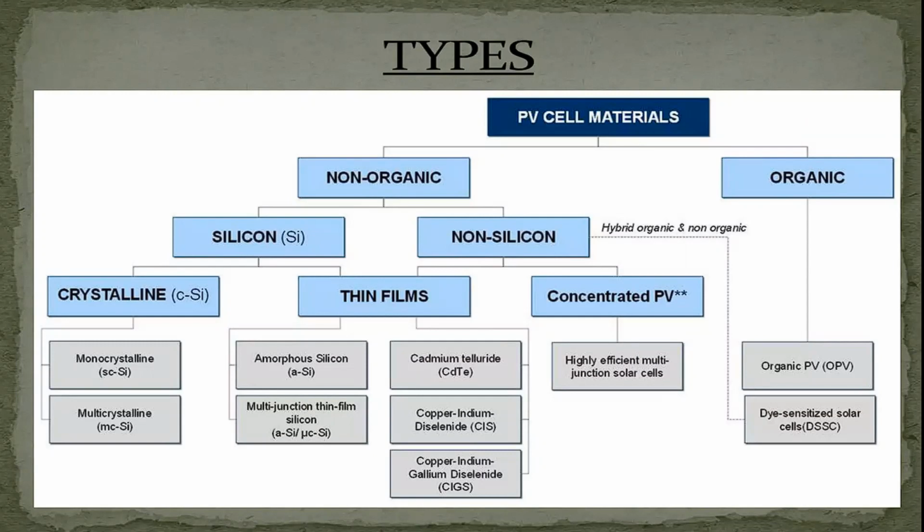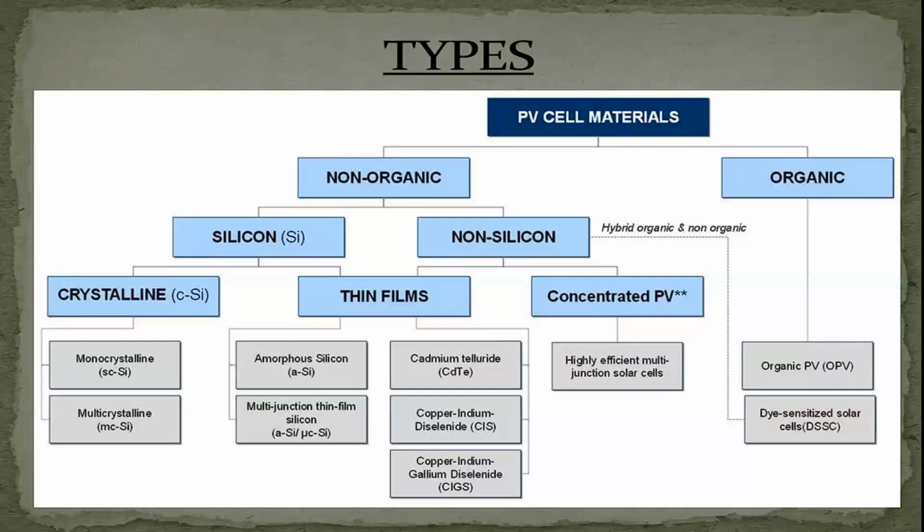Thin films are of many types, that is amorphous silicon, known as ASI, and multi-junction thin film silicon, that is ASI or new CSI. Cadmium telluride is known as CDTE, copper indium diselenide is known as CIS, and copper indium gallium diselenide is known as CIGS.